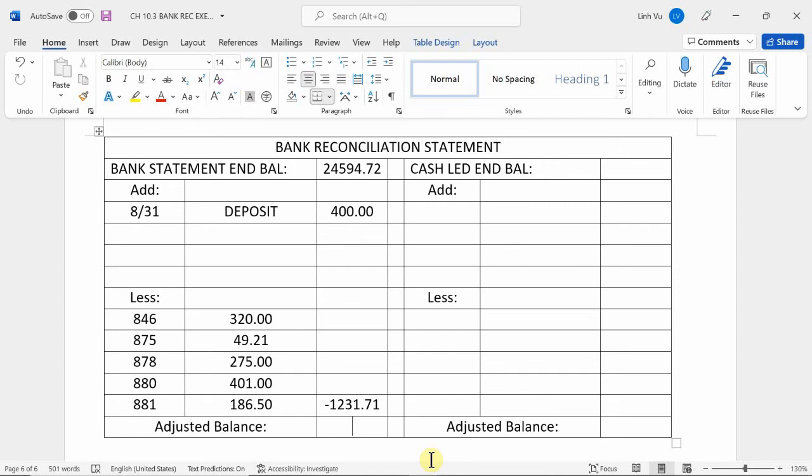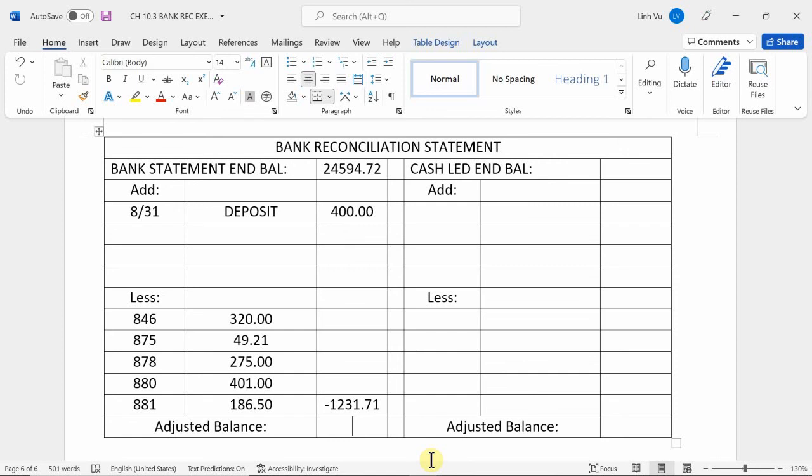$1,231.71. Okay, 1 second. 1,231.71. Okay. Minus 1,231.71.